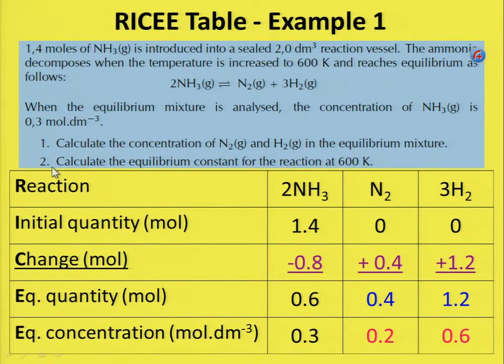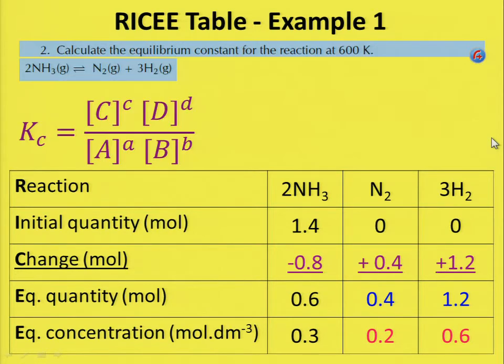Then part 2 of the question. Calculate the equilibrium constant for the reaction at 600 Kelvin. Now we talked about equilibrium constants in lesson 1. If you can't remember what the equilibrium constant is, go and check that again. So, an equilibrium constant is the concentration of the products, each to the power of its stoichiometric value, divided by the concentration of the reactants to their powers.